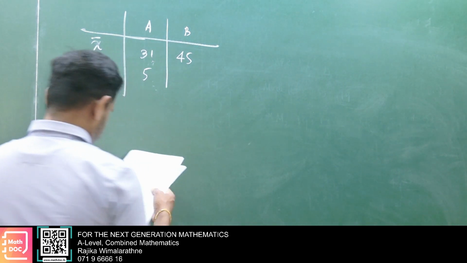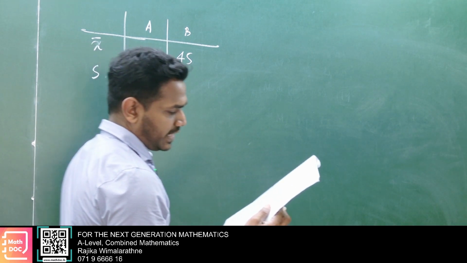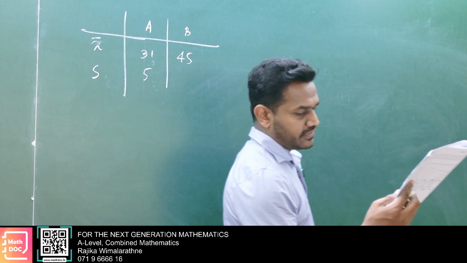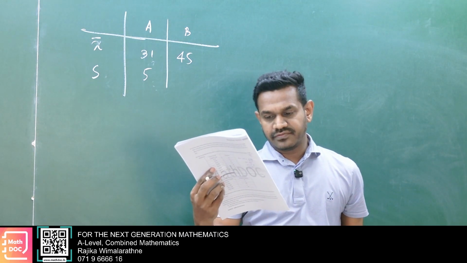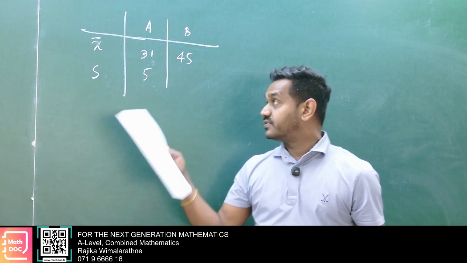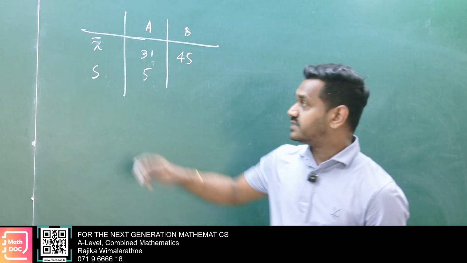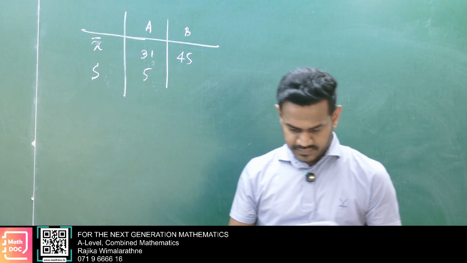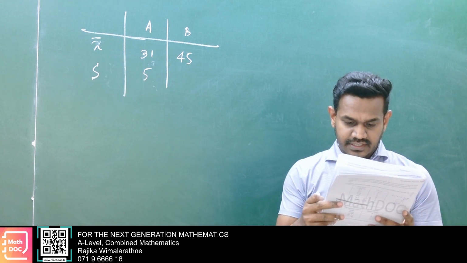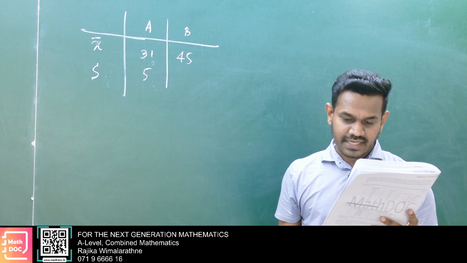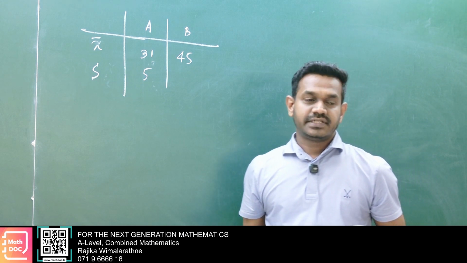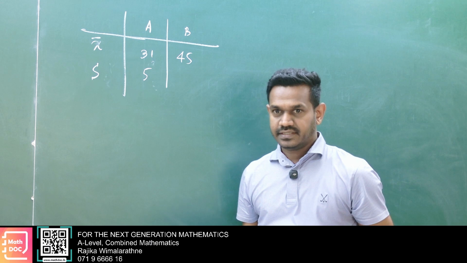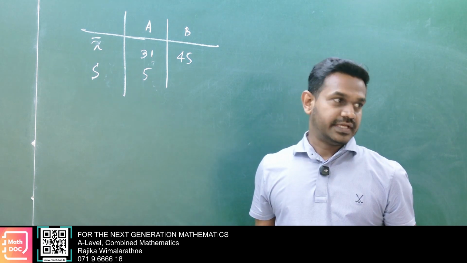Okay. The mean marks of school A and B are given, 31 and 45. The standard deviation of the distribution of the marks of school A is 5. That is also given. To compare the results, the marks of school B are scaled by using a linear transformation. So linear transformation means just like y equals mx plus c, like the method of coding.